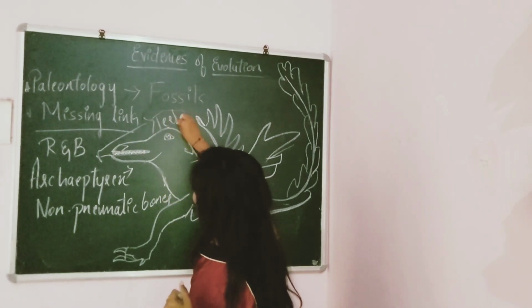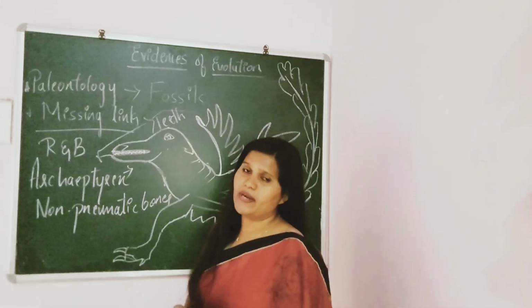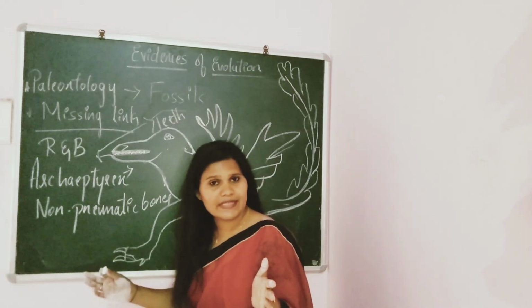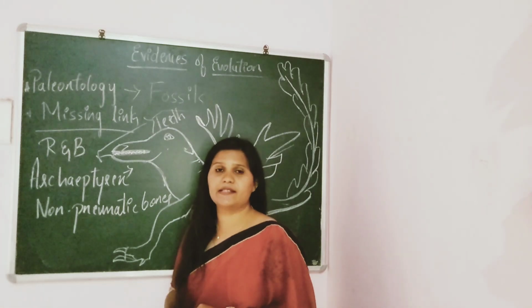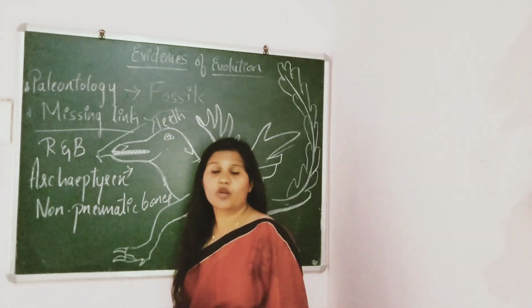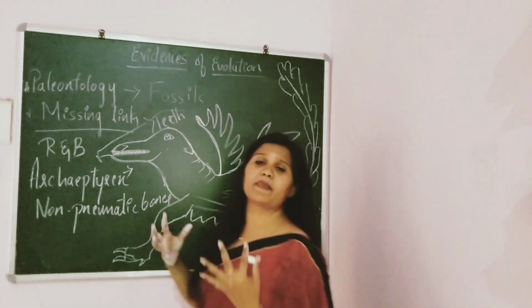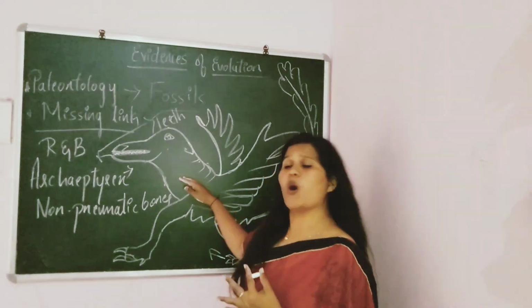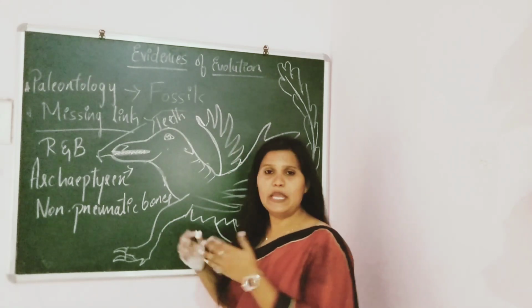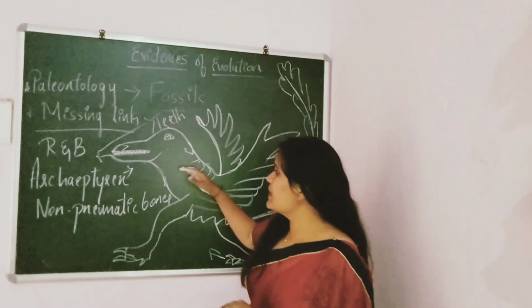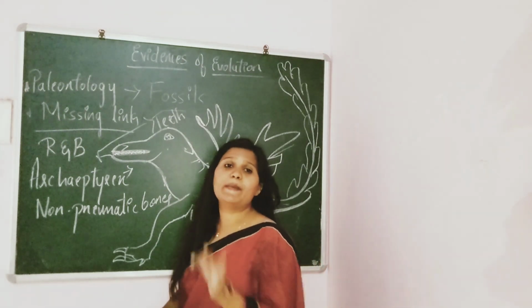There was a presence of teeth in this organism, but birds usually don't possess teeth. And also feathers. Have you seen any reptiles, for example crocodiles and snakes, having feathers? No, right? So these are some characters in which this organism has the characters of both reptiles and birds. This is why we conclude that Archaeopteryx is a connecting link and also the missing link between reptiles and birds.